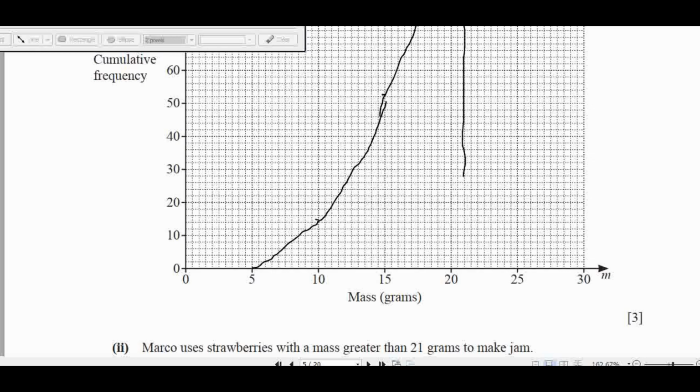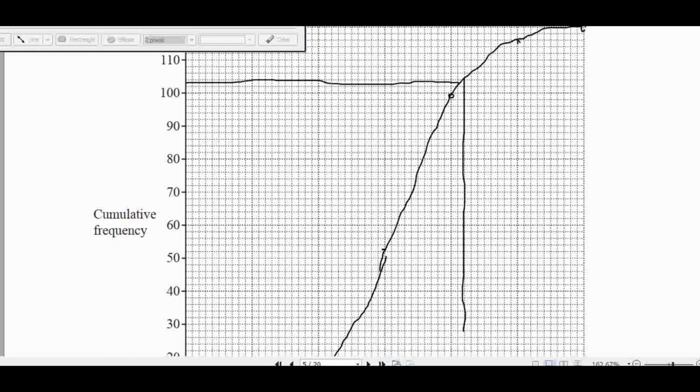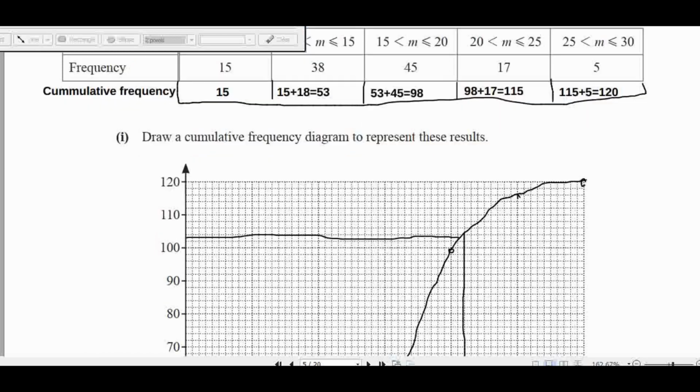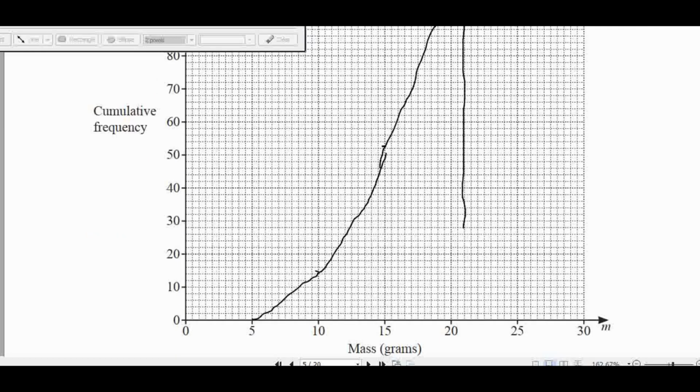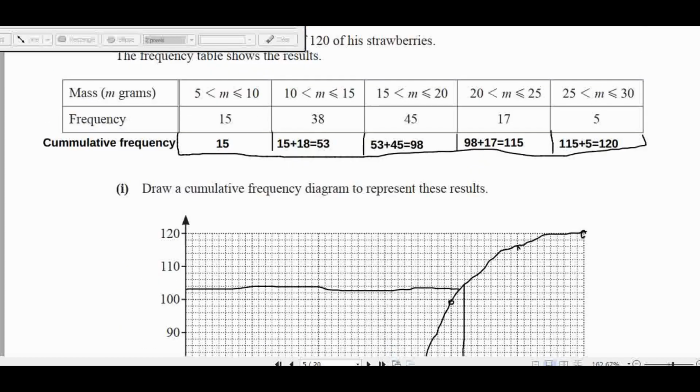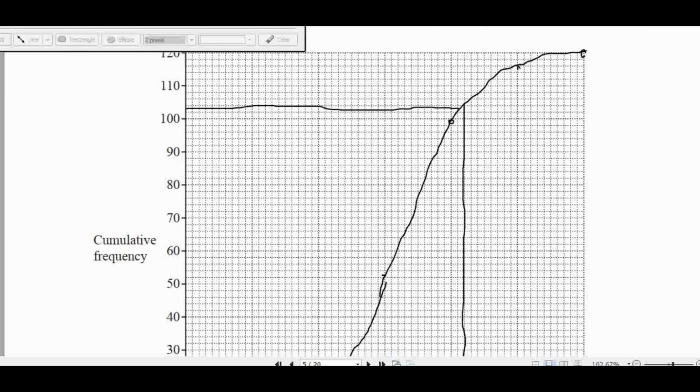From 10 to 15 it is 53. So at 15 I will mark 53, like here. There's 15 and this is 53 almost. And from 15 to 20 it is 98, so at 20 it is 98 here.